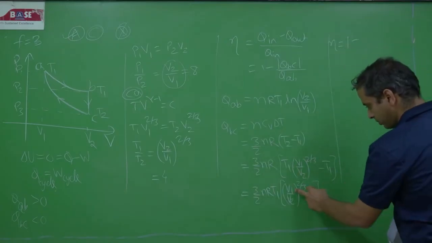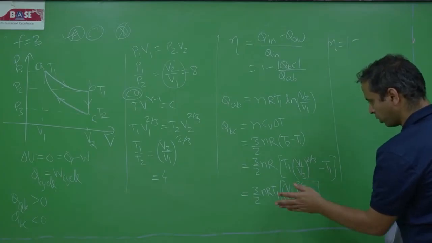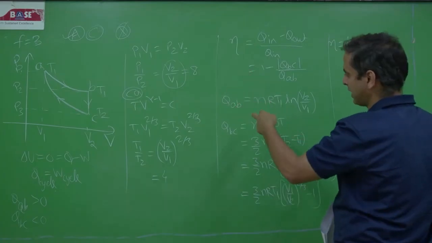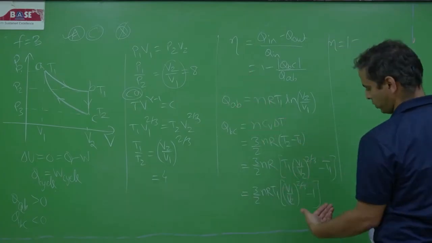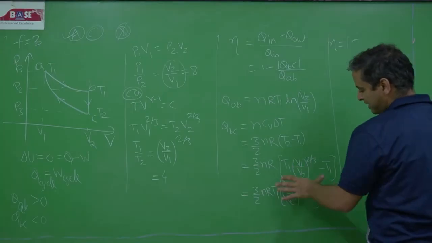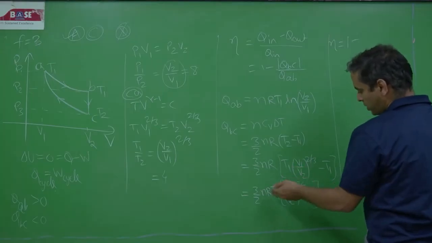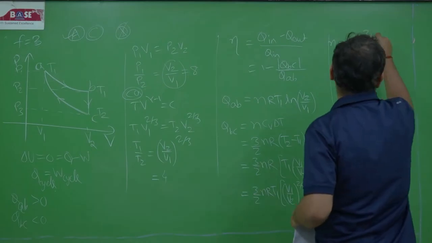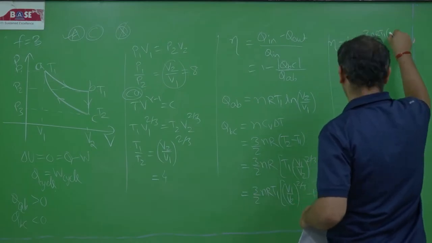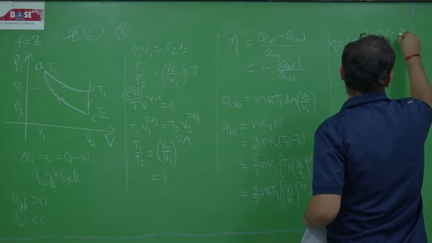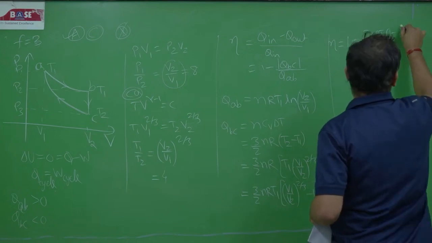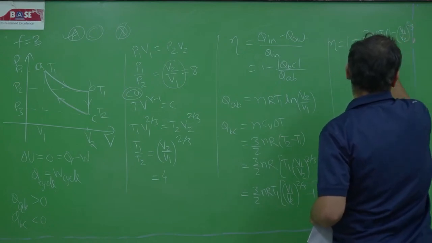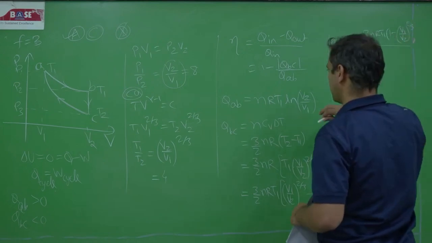We have to take the modulus, but we calculated QBC as heat gained by the gas, so for heat lost, if this quantity is negative, we have to take the negative of this. So 1 minus, I'll write, 3 by 2 nR T1 into 1 minus V1 by V2 to the power 2 by 3, all that divided by QAB.